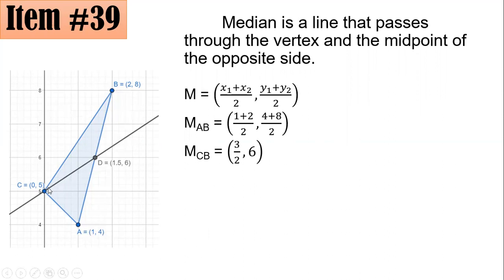And so you have now 2 points. You have here your line CD. And our task now is to find the equation of line CD. Since you are given 2 points, you have two options. You could either use the 2-point form of a line, or you could also use the point slope form.